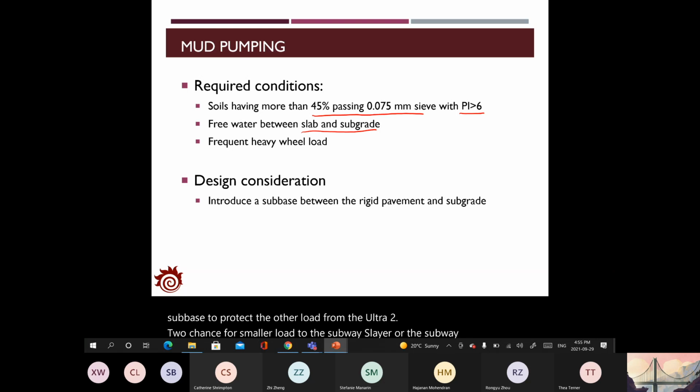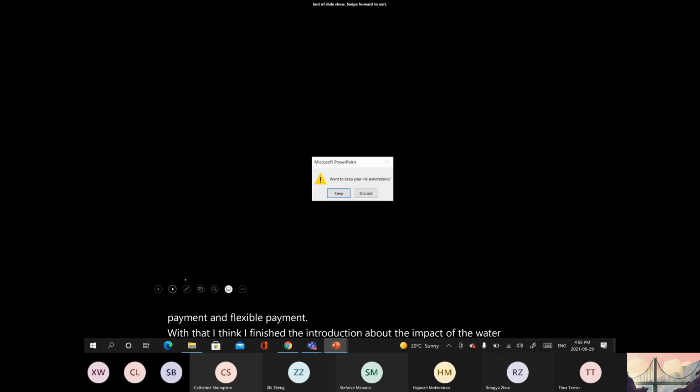Then it will have the benefit of preventing the formation of the mud pumping. So this would be the general distress caused by the water contents to the rigid pavement and the flexible pavement. With that, I think I finished the introduction about the impact of the water contents to the highway subgrades.